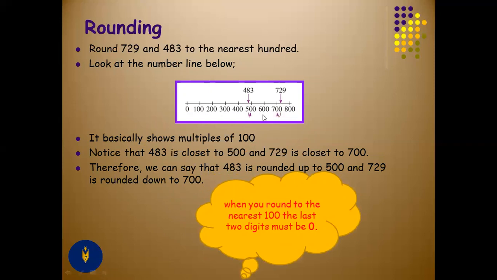Okay, if you see over here 483 is closest to 500, so the answer is 500, and 729 is closest to 700, so the answer would be 700. We will not say 729. So according to this, when you round to the nearest 100, the last two digits must be 0.